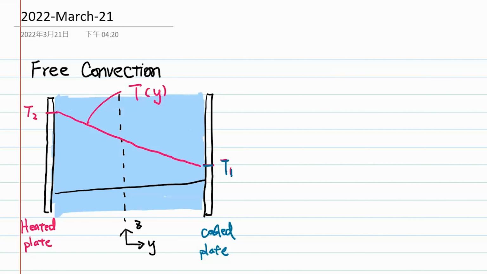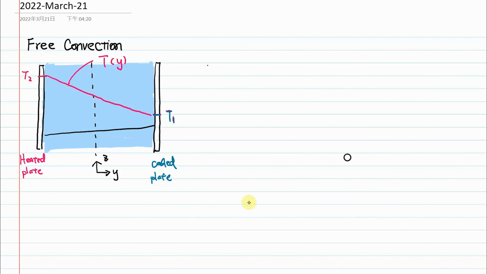So let's first define some properties of the fluid. The fluid would have a density rho and a viscosity mu. Let's define the plate positions: this is negative b, and this is b.